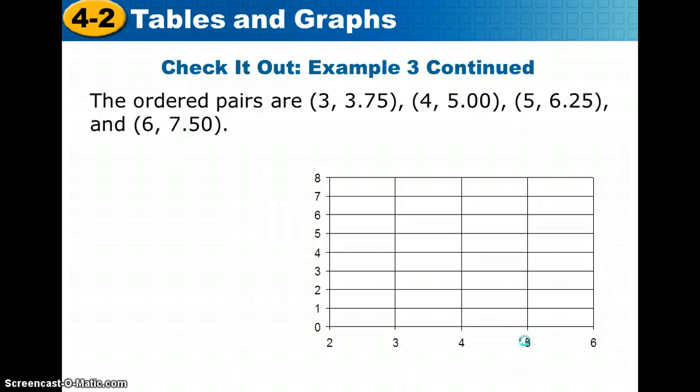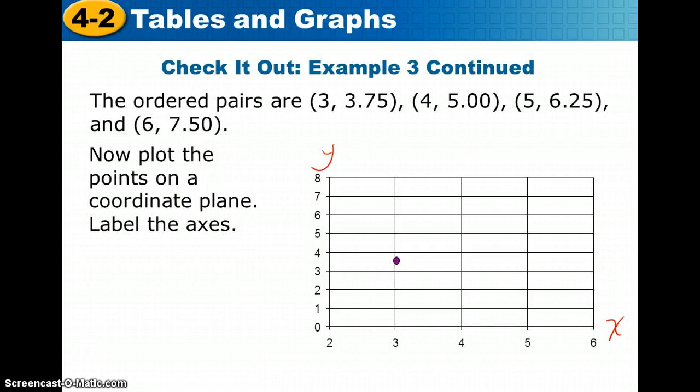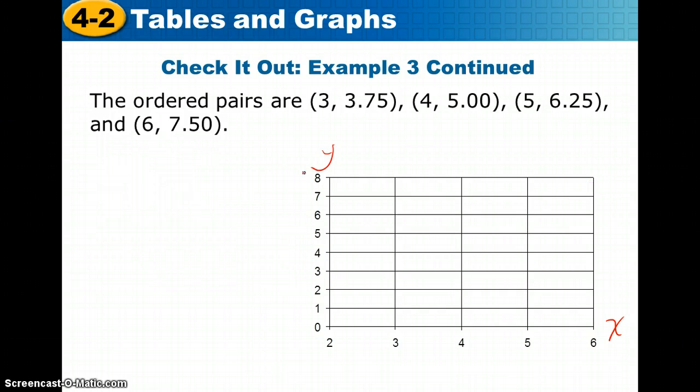So let's graph the ordered pairs. Here's our numbers below, and here's our numbers here. So this is our x-axis. We'll go across first, and this is our y-axis. You pause. Oh, they did it to us. They did it for us too soon.